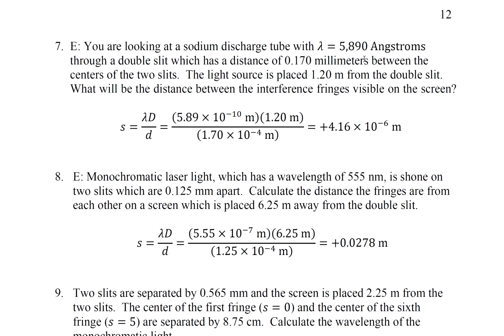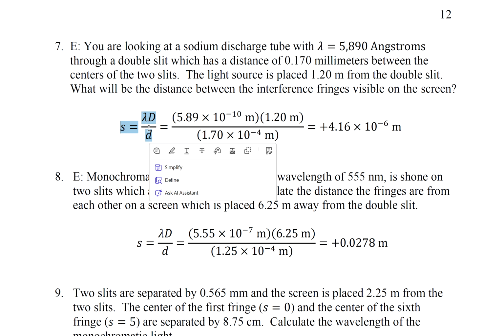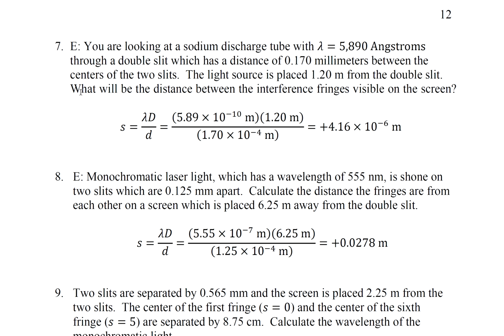So, we were given lambda. We were given big D. And finally, we were given little d. So we could use those three values to solve for little s.